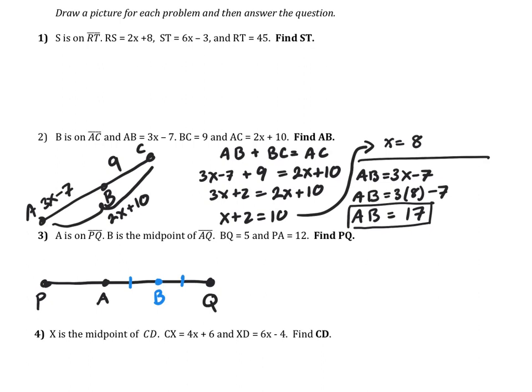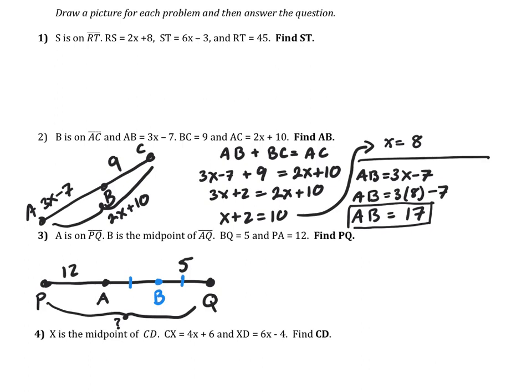Now it tells me that BQ is 5 and PA is 12. Find PQ. So we're looking for the whole big segment. Now, one thing I know about congruence markers is that it means that those two segments are the same in size and shape.